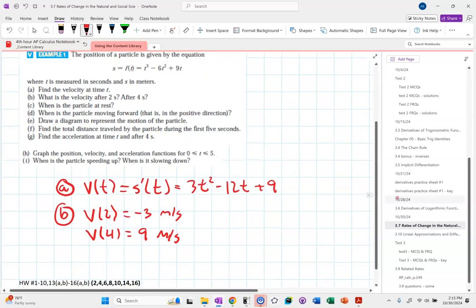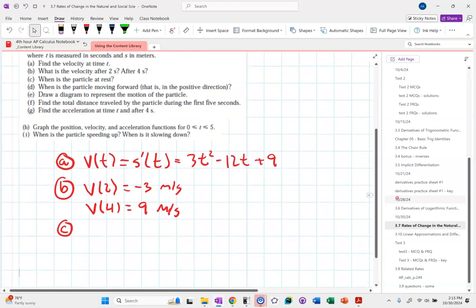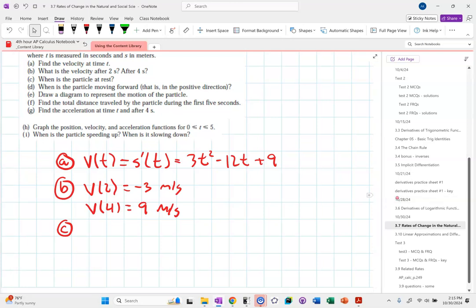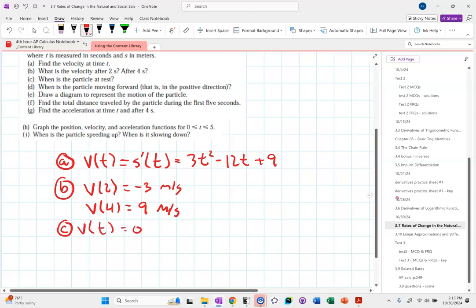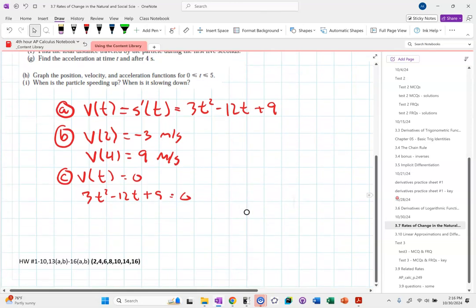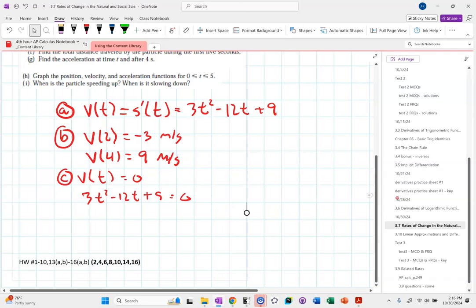Okay. Next it says, when is the particle at rest? What is the velocity if a particle's at rest? 0. So I just want to solve v of t equal to 0. So to solve 3t squared minus 12t plus 9 equal to 0, what do I need to do? Do you notice anything about the coefficients that might be helpful to do first?